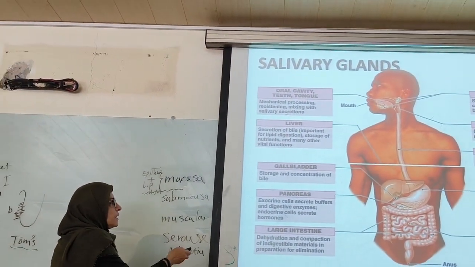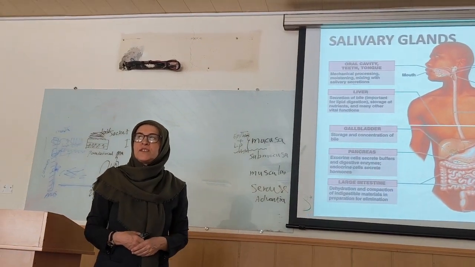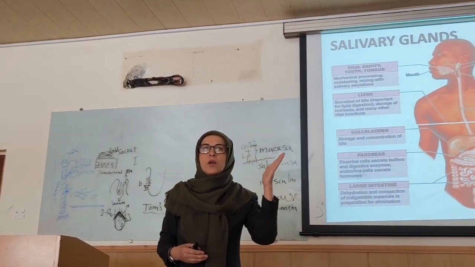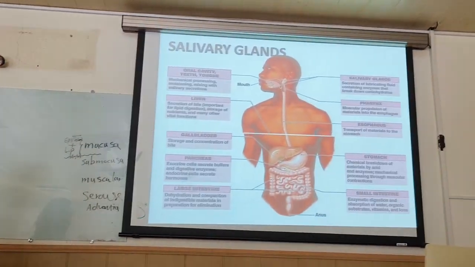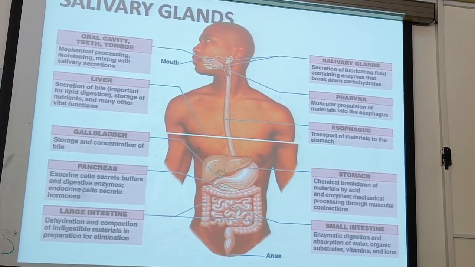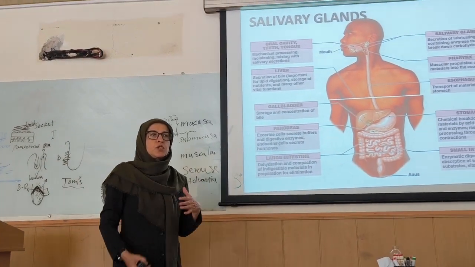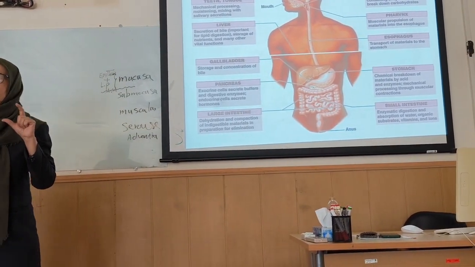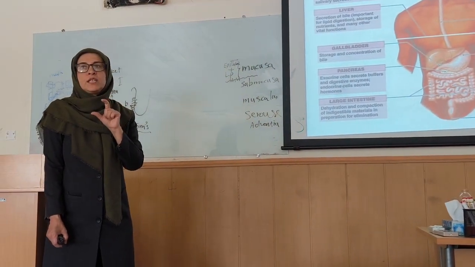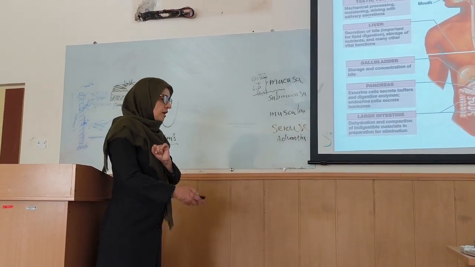Then there is a long muscular tube that transfers food from the oral cavity to the stomach, named the esophagus. It is a long tube, most of it located in the thoracic cavity, and around 1.5 to 2 centimeters of it is located in the abdominal cavity.